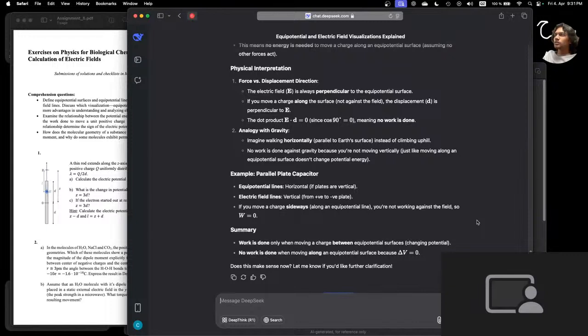If you move a charge along the surface, the displacement is perpendicular to E, so the dot product is zero. Imagine walking horizontally instead of climbing uphill. Work is then not done against gravity because you are not moving vertically.